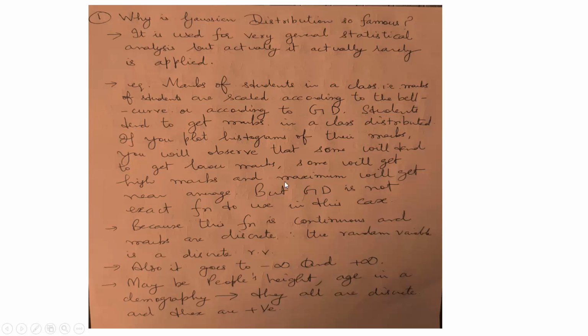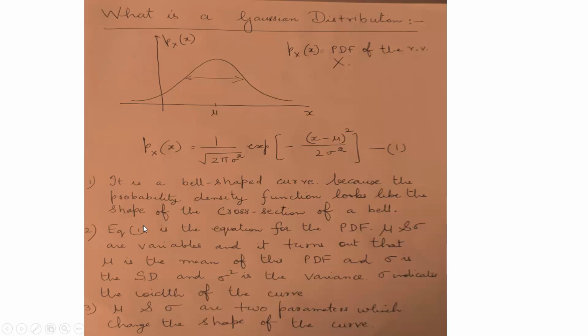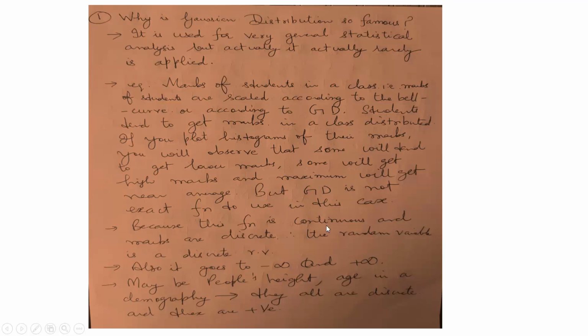But this Gaussian distribution is not the exact function to use in this case, because this function is continuous and marks are discrete. The random variable in the present case, the marks of the students, is a discrete random variable. Also, this curve goes from minus infinity to infinity, which means it has negative values also. So it is not the best suited graph for explaining the marks of students in a class.